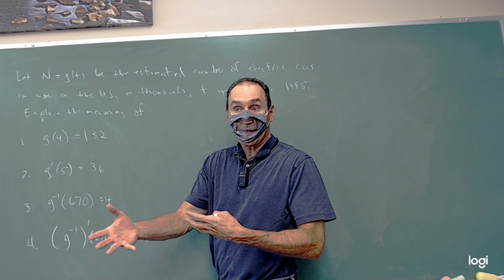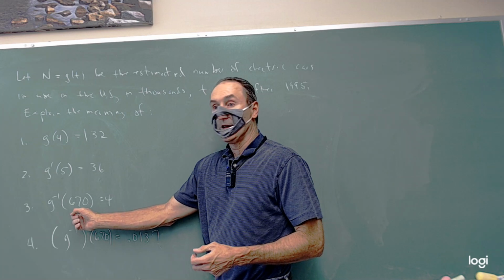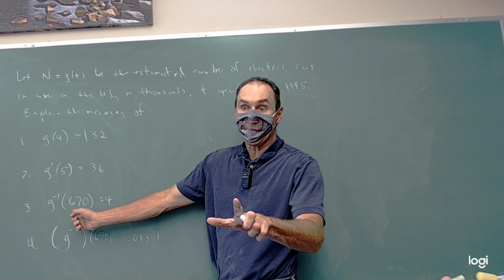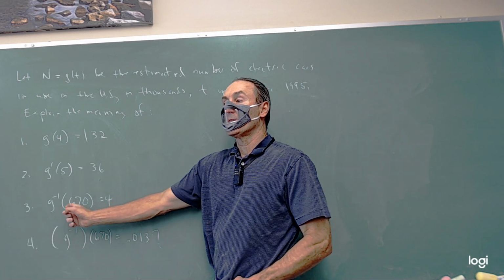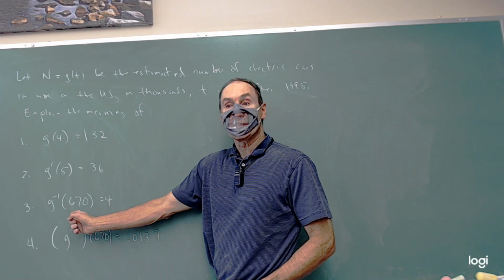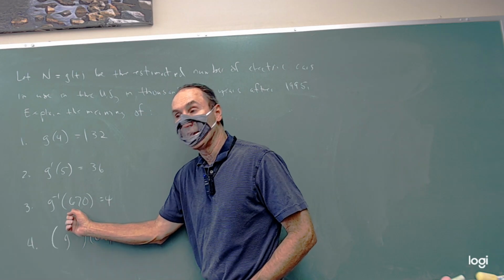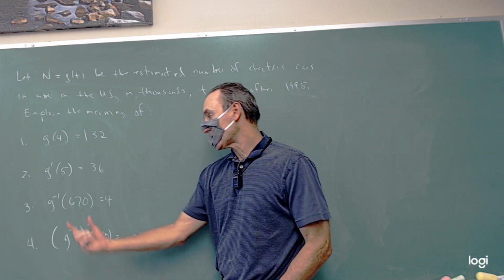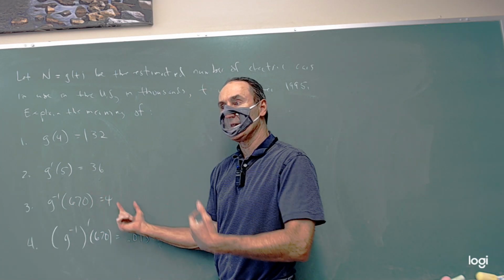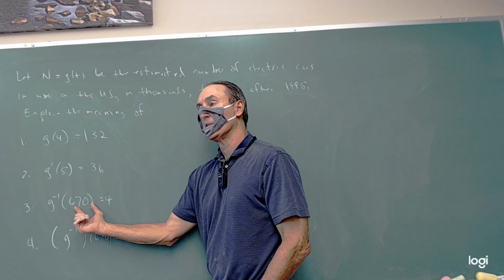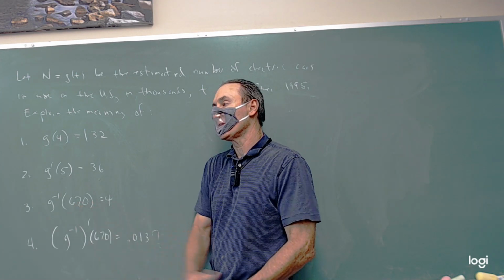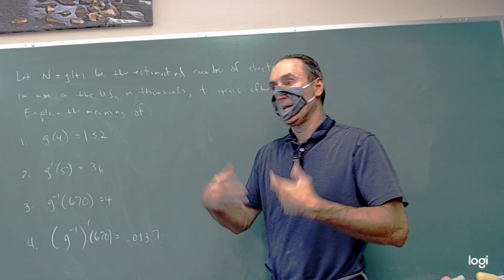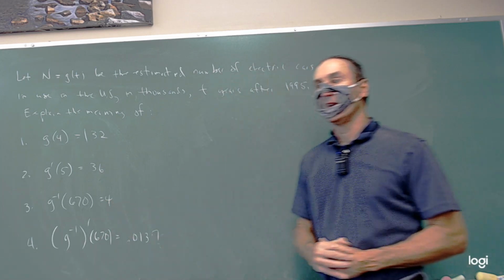If you want to say it more the way it is, you say the number of electric cars in the U.S. will reach 670,000 4 years after 95, in 1999. So this is the input and that leads to this. The U.S. will end up getting 670,000 cars on the road in 1999.